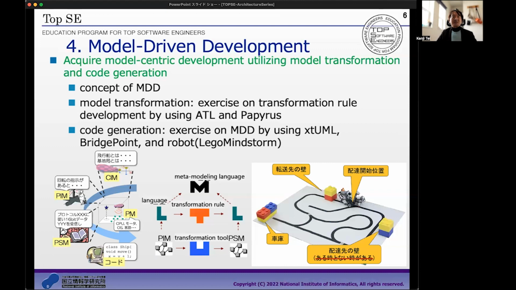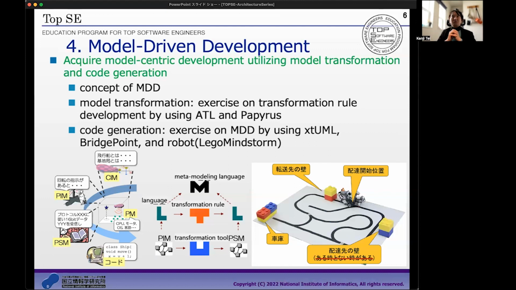So this course covers not only the concept of MDD, so students can enjoy how software development changes by raising the abstraction level of the artifact. By using the given model-driven development environment, students do the exercise on how robot programs can be tested and debugged.